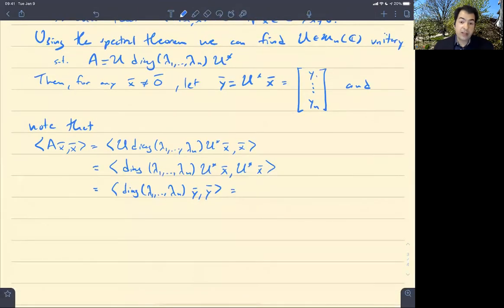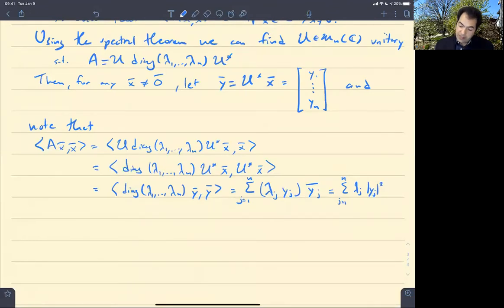And now because this is the standard inner product on Cn, I can write this as the sum, j goes from 1 to n, of the jth entry of the first vector, so this would be lambda j yj, times the complex conjugate of the jth entry of the second vector. And then this we just recognize as the sum, j goes from 1 to n, of lambda j times the modulus of yj squared.